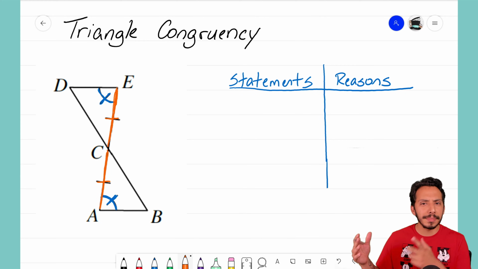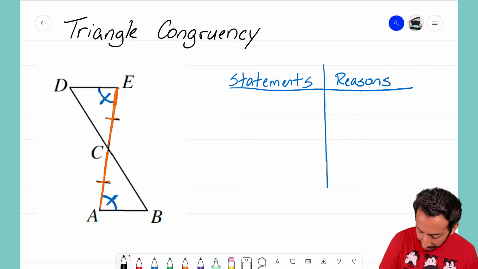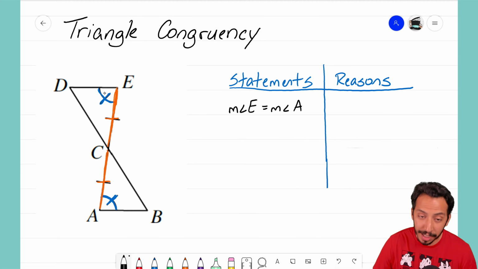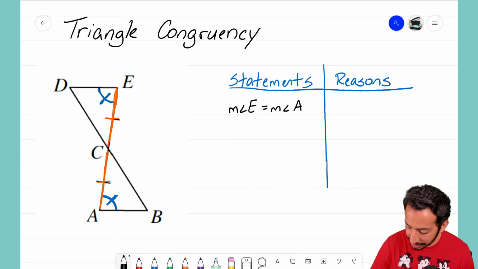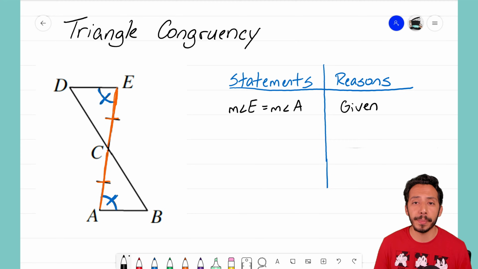But before I do that, let's start writing into this two-column proof the information that we know. I know that the measure of angle E equals the measure of angle A. Those are the two angles that were given to us. They told us that they were equal. So the reason for this statement is going to be given. We didn't come up with that information. That's information they told us. The next statement is that they have these two sides in common.